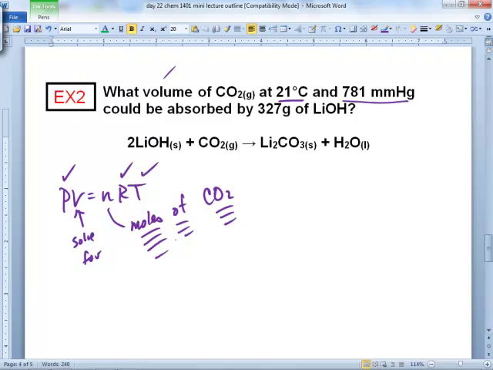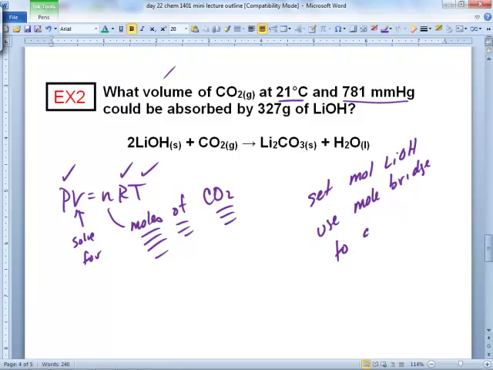Right? Mole bridge. Someone said it. So we'll get the moles of LiOH. Use the mole bridge to get the moles of CO2, to get CO2 moles.